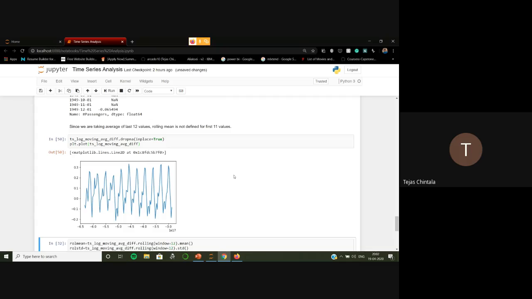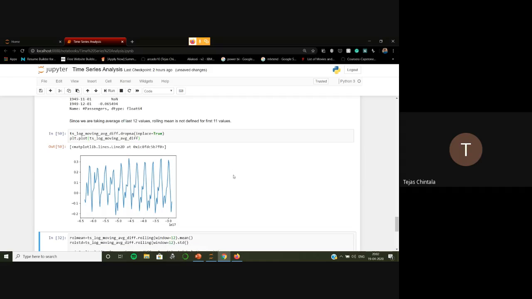The time series is a little stationary. We have eliminated the trend and plotted the graph, and we have seen some sort of stationarity in the time series.